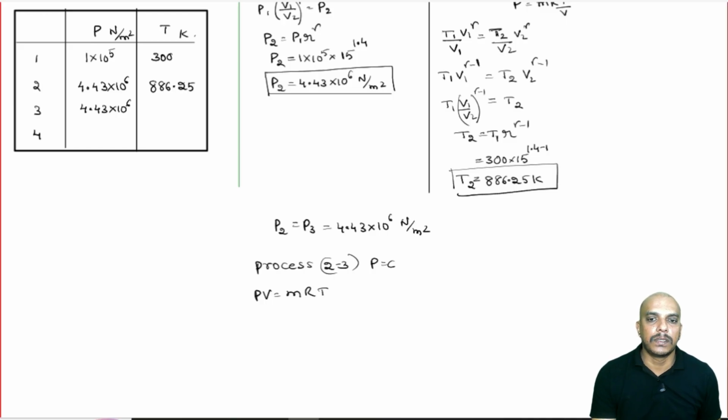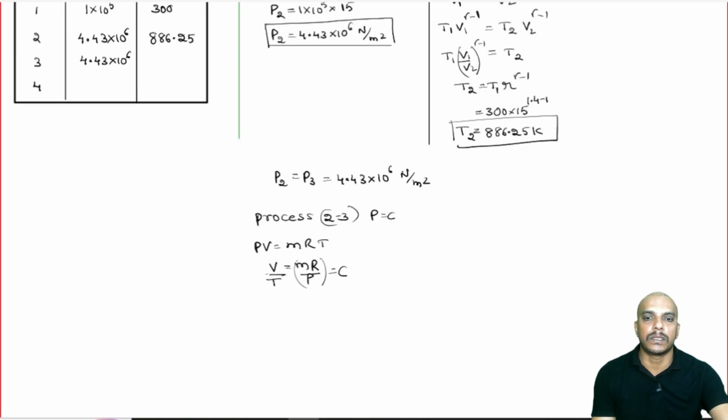Sending the temperature to the left, V is equal to MR by P. The whole right side is constant because M is always constant for a closed system, R is constant, and pressure is constant for this process. So V by T is equal to constant for a constant pressure process. So V2 by T2 is equal to V3 by T3.